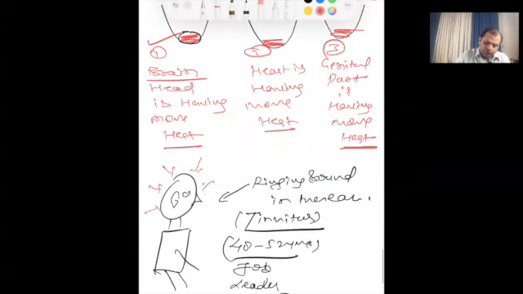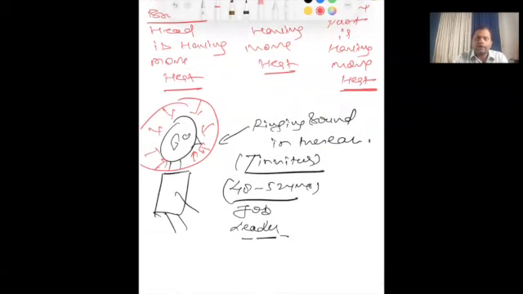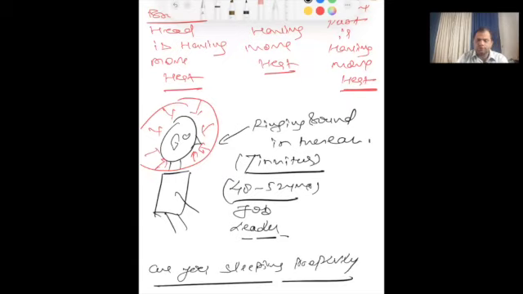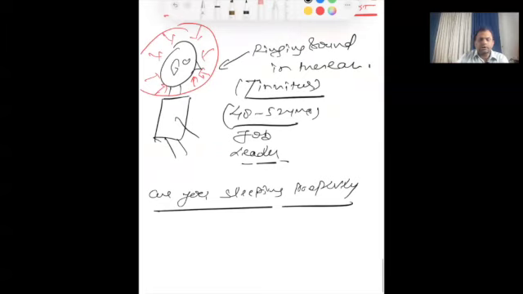So I asked him a few questions. Tell me, do you feel more heat in this head region? He said, no, doctor. Fine. Then I asked, are you sleeping properly? The patient said, no, doctor, I have too much work, so I go late to sleep.